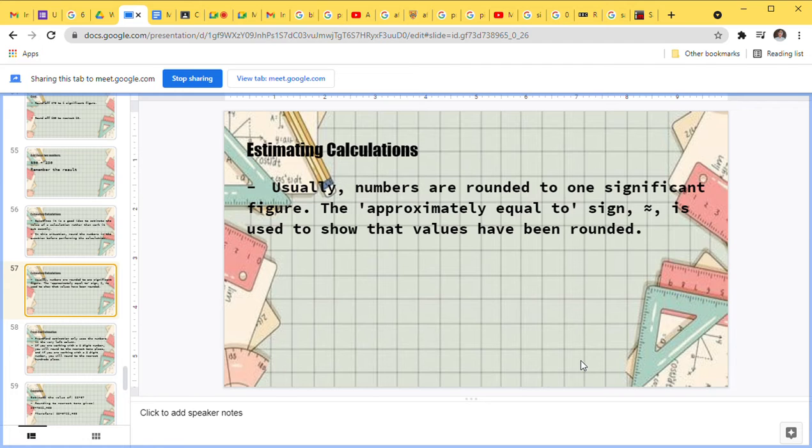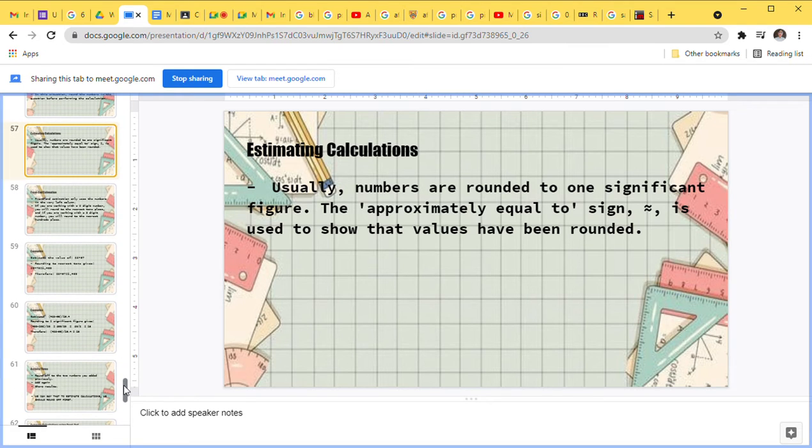So this is a little information about estimating calculation. What you do first is round off the numbers that you are being asked to calculate, and then you perform the calculation. Do you have any questions? Right now I will show you in examples, but do you have any questions so far?